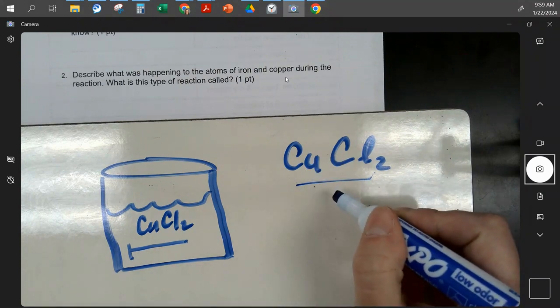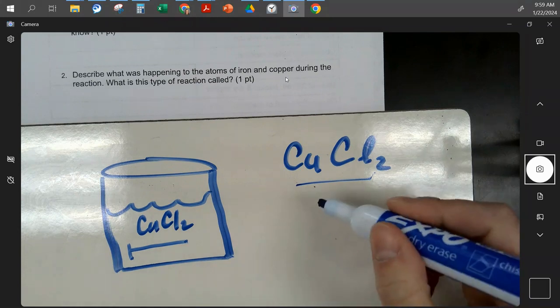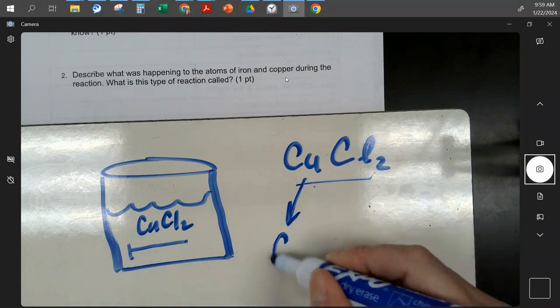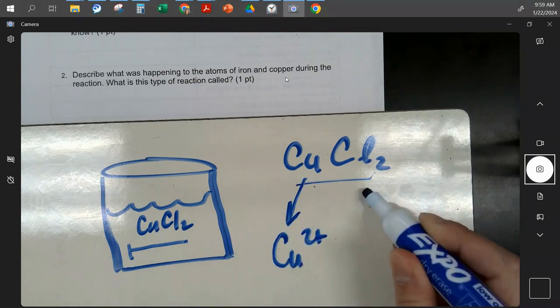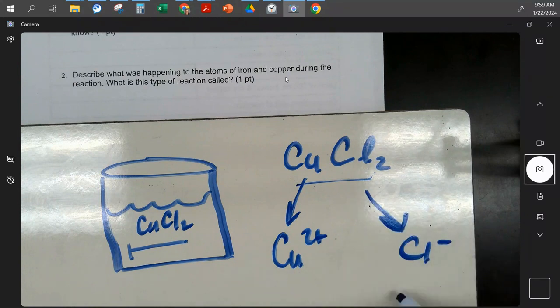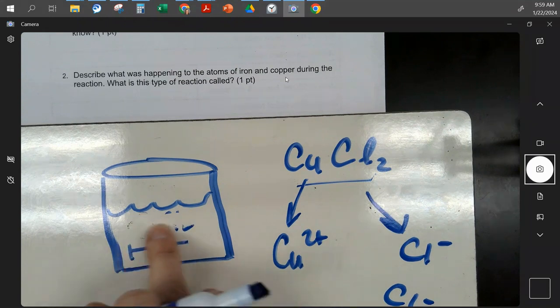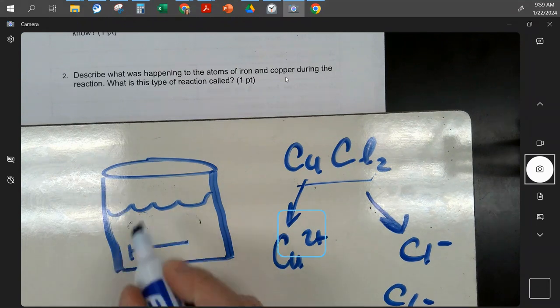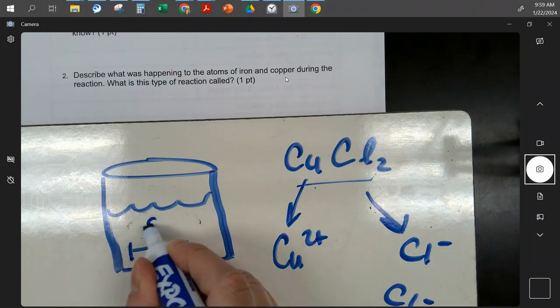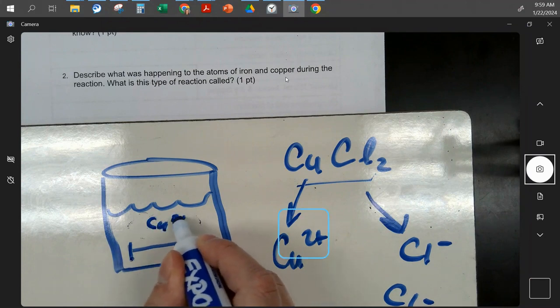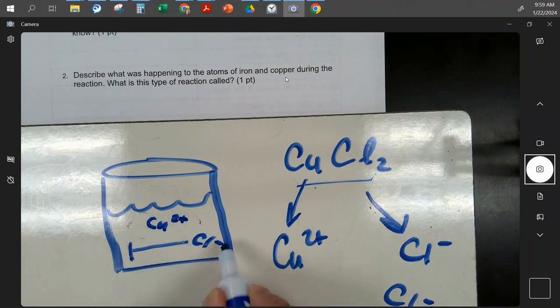It's ionic, so it's going to split into its ions. This one's going to be copper 2 plus ions, and this is going to be chlorine minus ions. So instead of this chunk of solid, which is our nail, we have copper 2 plus floating around, and we have chlorine minus floating around. Okay?